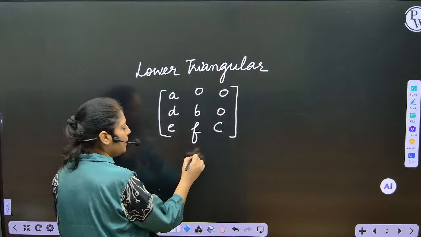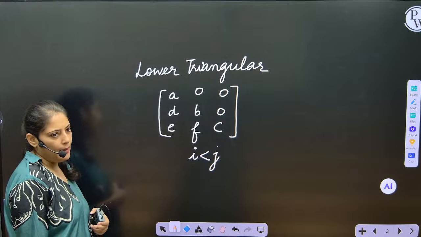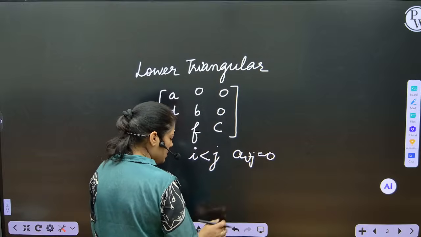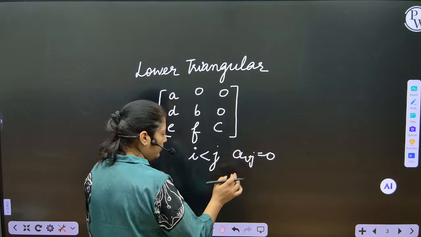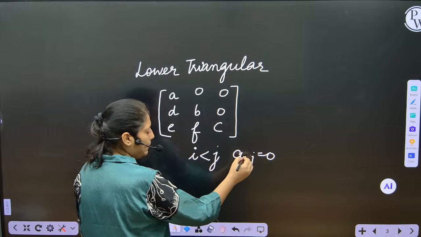Here the condition is j should be greater than i, Aij equals 0.